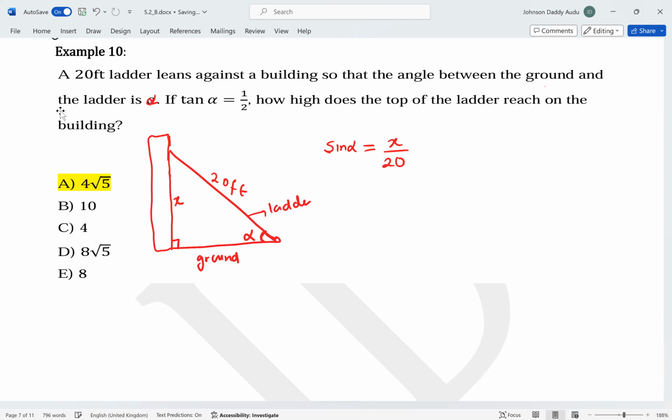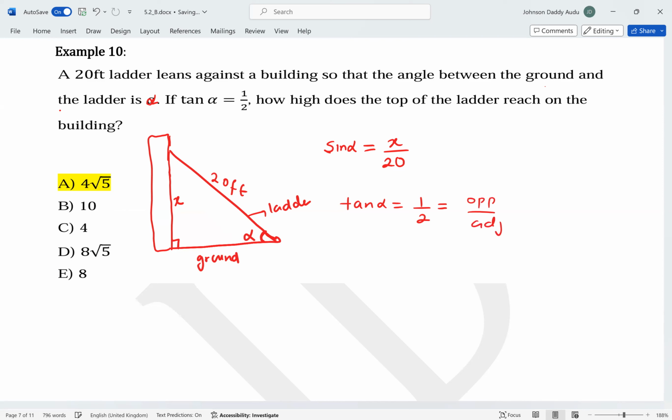But we don't know what alpha is and we don't know what X is. So we can always form another triangle somewhere else, or we can still use this information, it's fine. If tan alpha is 1 over 2, remember, tan is opposite over adjacent.